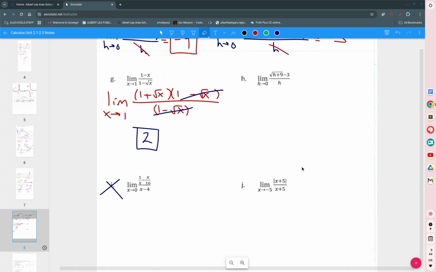We multiply by the conjugate. Remember? Watch how great this is going to work. I'm going to multiply by the square root of h plus 9, and it's going to be a plus 3. Remember, conjugate means to change the ending. So we change the ending from a minus to a plus. And in mathematics, multiplying by the conjugate is this magical thing.